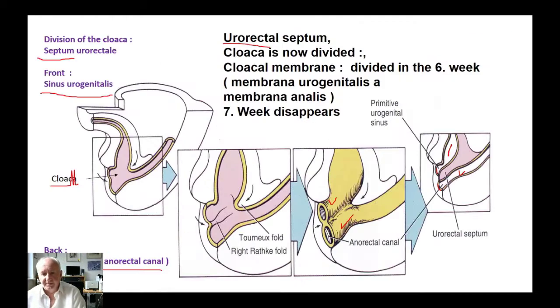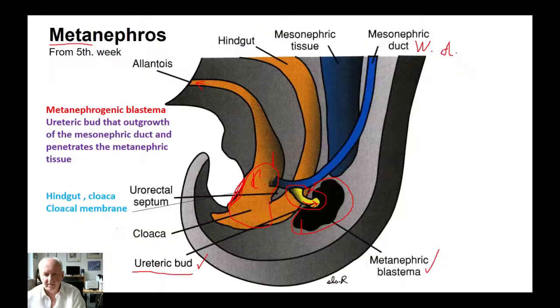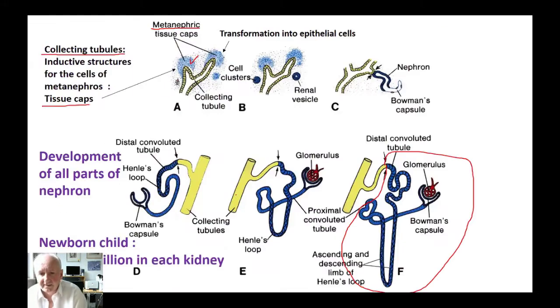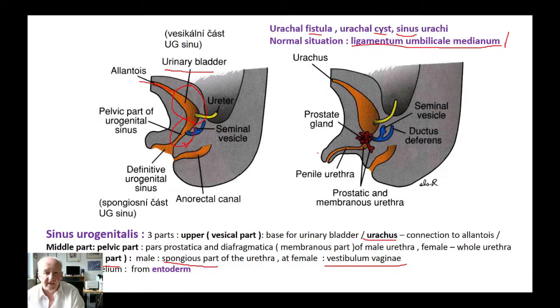If you remember this picture, we've been in the cloaca. So that means hindgut and cloaca and allantois are lined with endoderm cells. That means in this moment that the lining, the transitional epithelium in the urinary bladder and in the next passages, the origin is from endoderm.